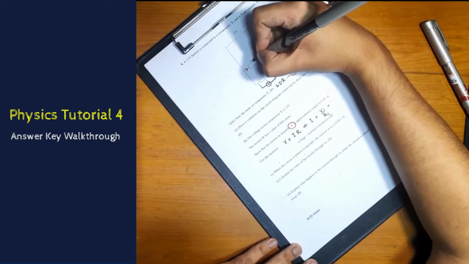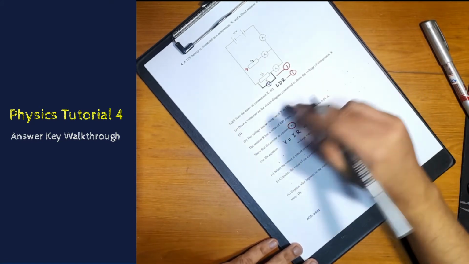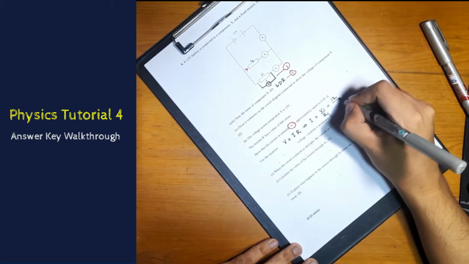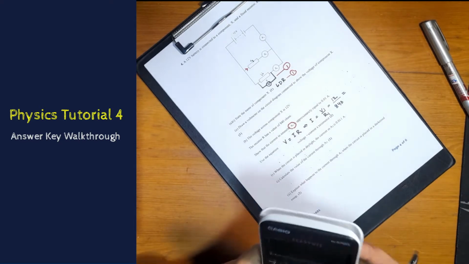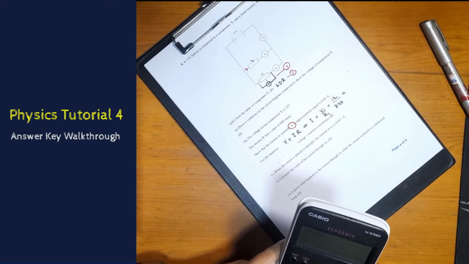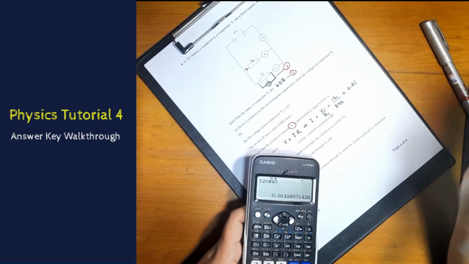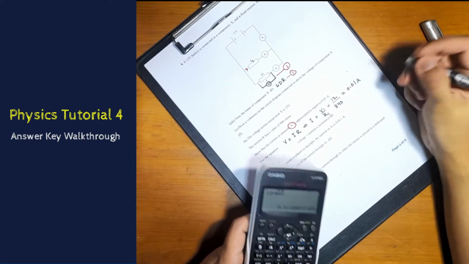Okay, let's just say this is R1. So V1 is how much? The voltage across component X is 12 volts, so you know that this is 12. And R1 is how much? 840 ohms. So this is 12 over 840. 12 divided by 840, you get 0.014. So if you do it mathematically, you know that it's 0.01 amperes.